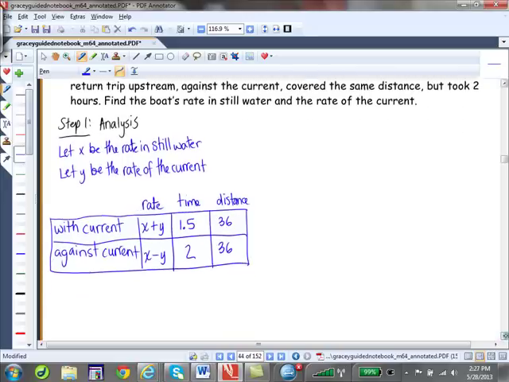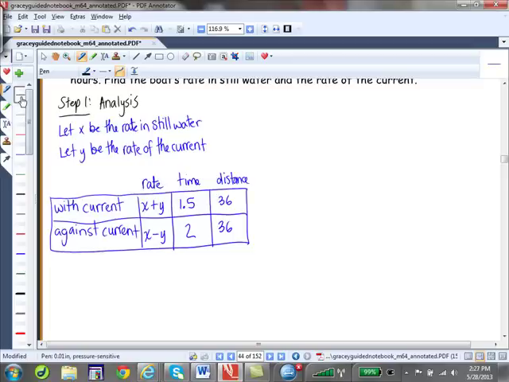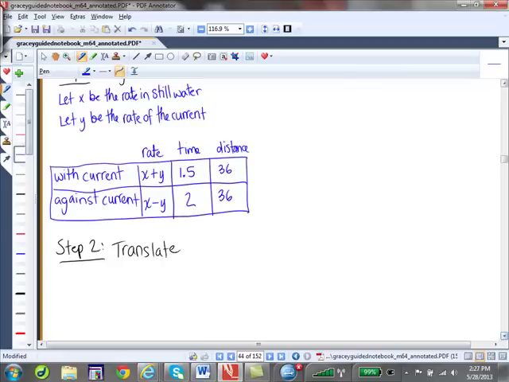So here we go. Step 2, you basically need to translate this into math. When we're translating this problem, remember we said rate times time equals distance. So the first rate is x plus y times the first time, which was 1.5, and that equals the distance of 36. Then we have the second equation.